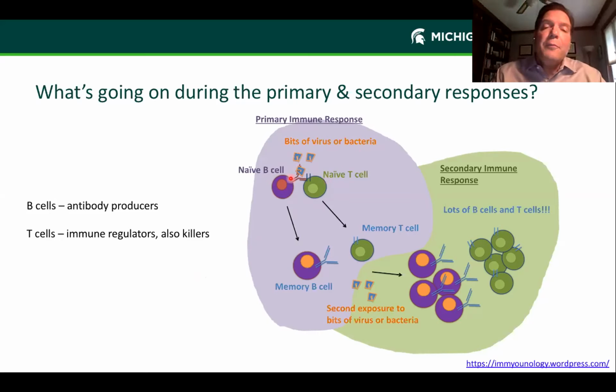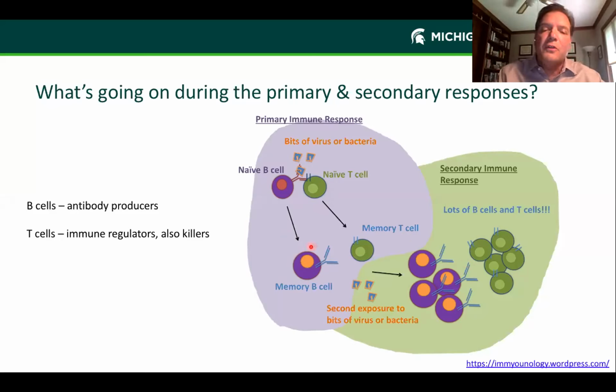The naive B and T cells recognize those bits of the virus and are stimulated to go down the developmental pathway, or mature, and they mature into what we call memory cells, and the whole idea is to establish immune memory so that in the secondary immune response, the immune system remembers, if you want to put anthropomorphic terms on it, that it has seen this antigen before.